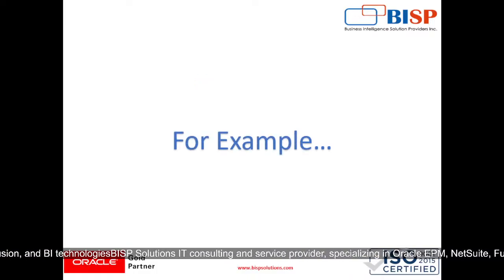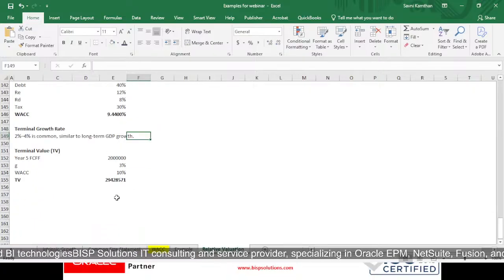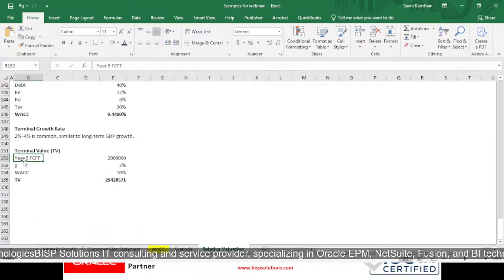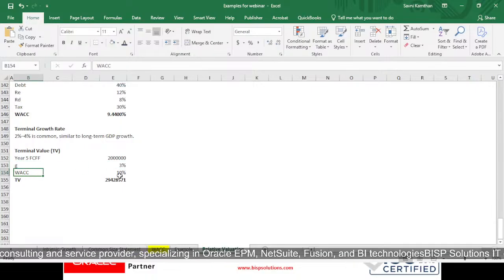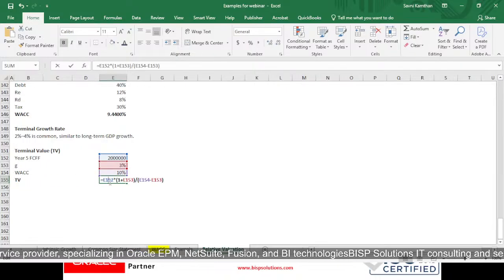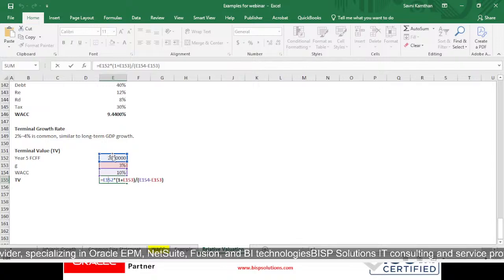So let's take an example for the same. Our year 5 FCFF is around 20 lakh, our growth is 3% and our WACC is 10%. So if we want to calculate our terminal value, it will be 20 lakhs into 1 plus growth rate, divided by our WACC minus our growth rate.